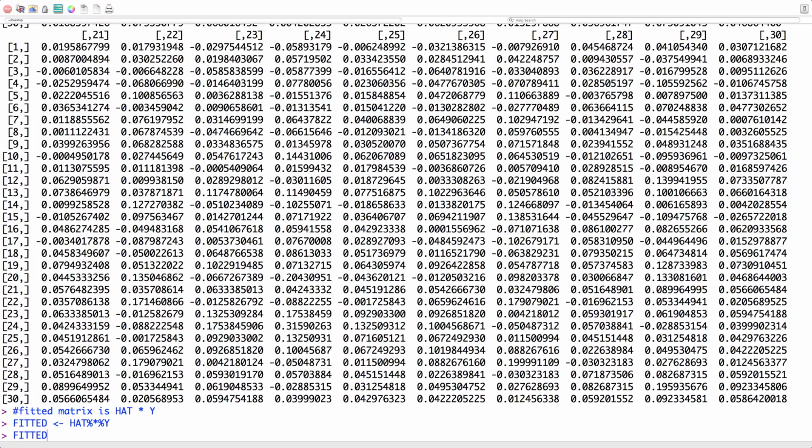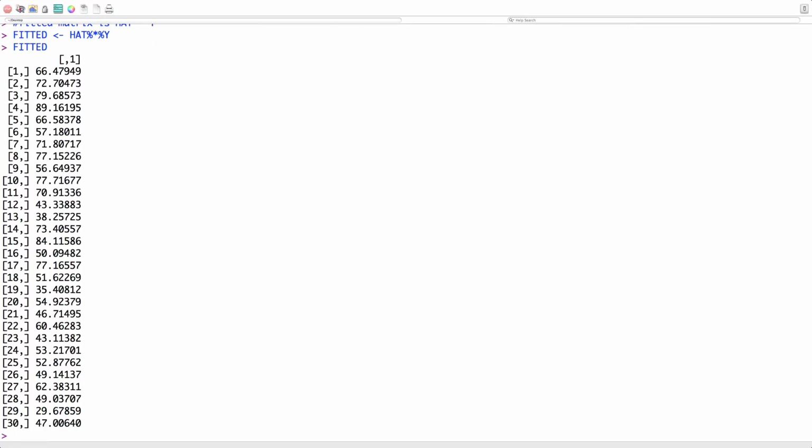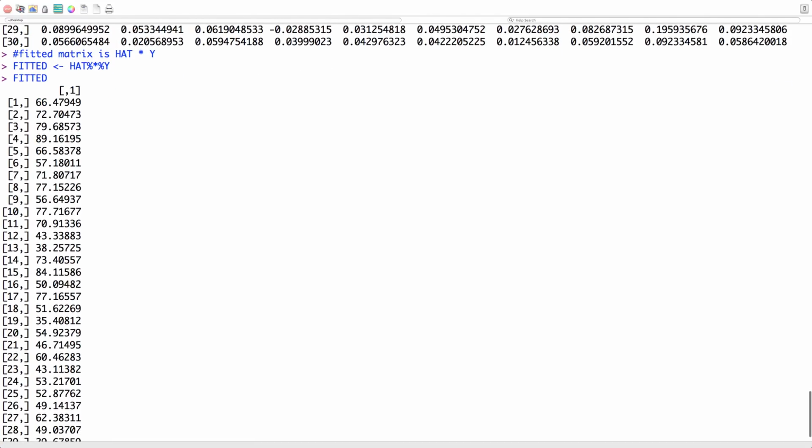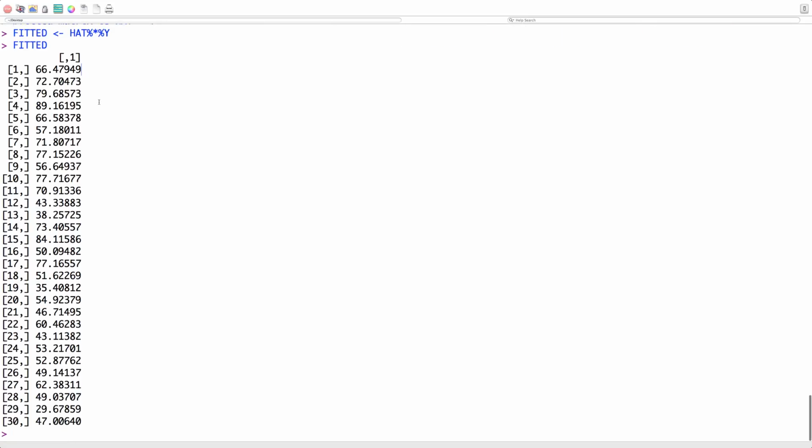Our fitted matrix gives us some cool stuff. Using our model, if we put in the x values, for example, for the first observation, here in a second I'm going to put this all in one data frame, one table, where we're going to see what we get.